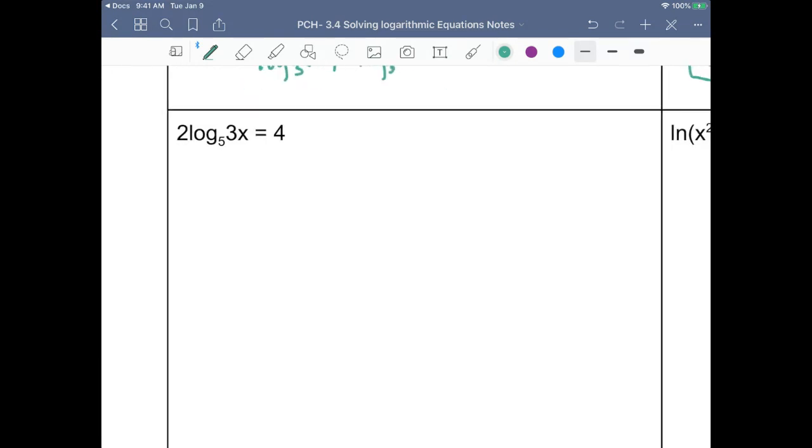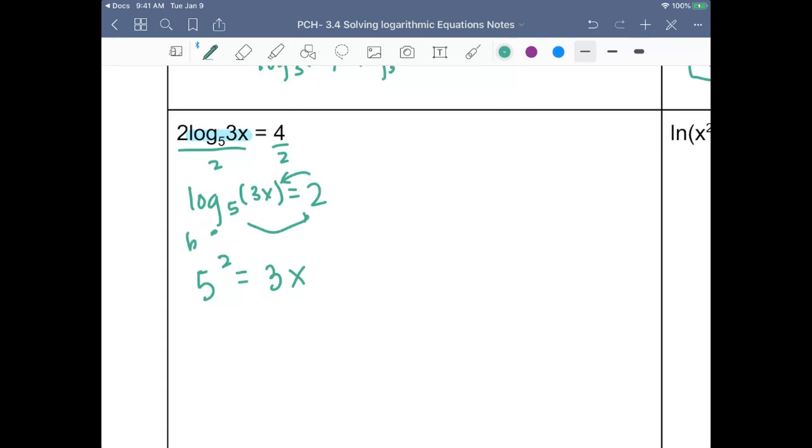All right, get your log by itself. So I'm going to divide by 2. I get log base 5 of 3x is equal to 2. And again, we're going to change this into exponential form. So 5 squared is equal to 3x. This is my base, my exponent, my number.